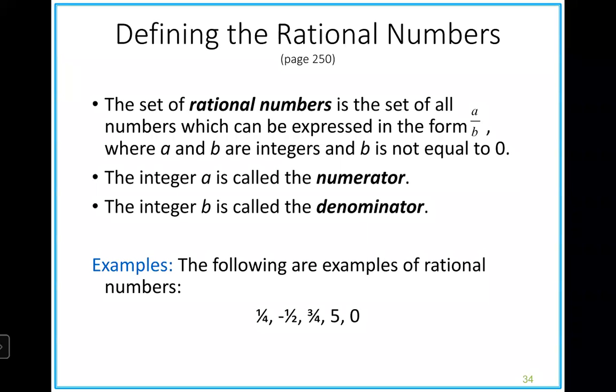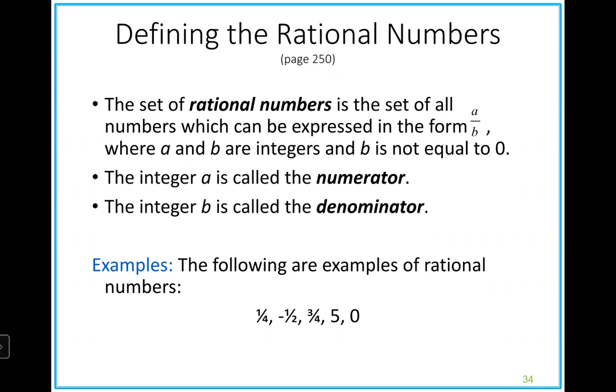This set of numbers we refer to as rational. Now, what makes rational different from all the other numbers that we look at? The rational numbers will include fractions. So the numbers we were looking at before did not include fractions.